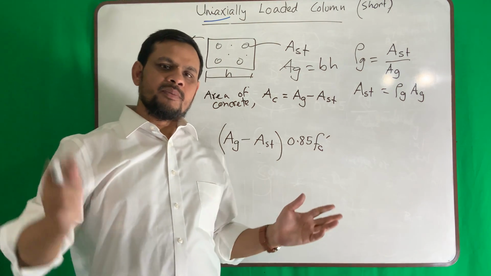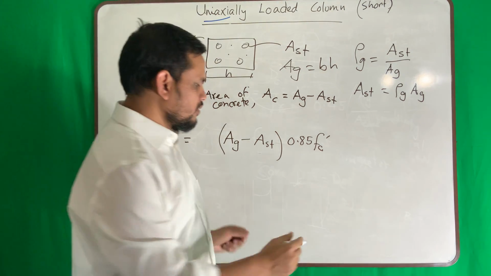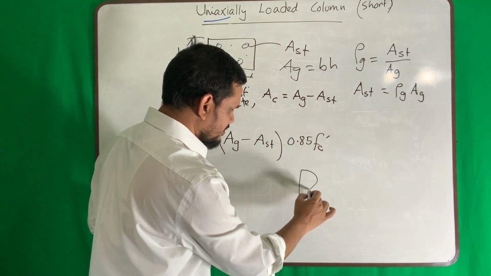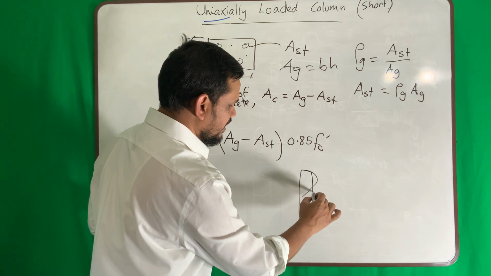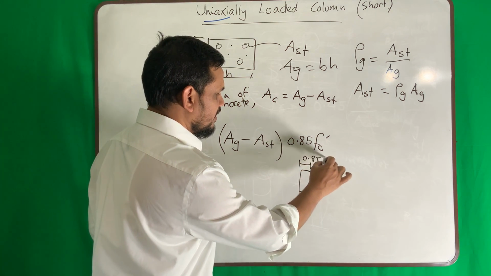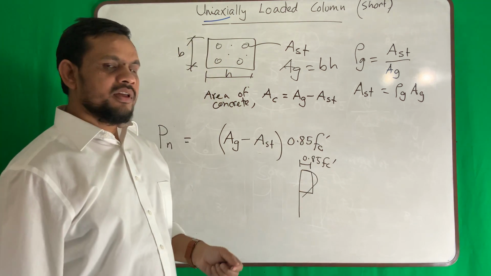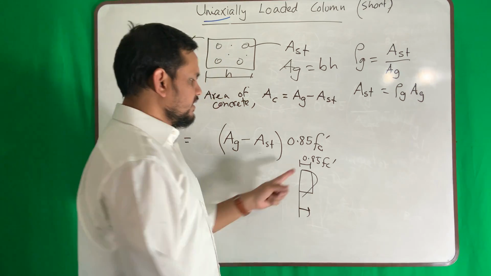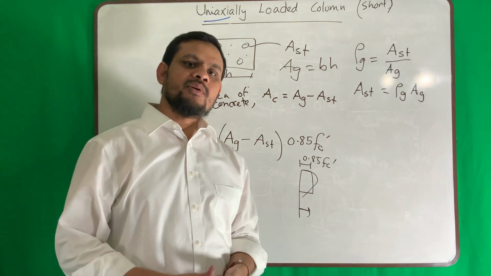Why is it 0.85? You can remember from the beam equation, where my stress diagram was this, then we made it equivalent rectangular. This was 0.85 F prime C. So this 0.85 F prime C came from that equation.